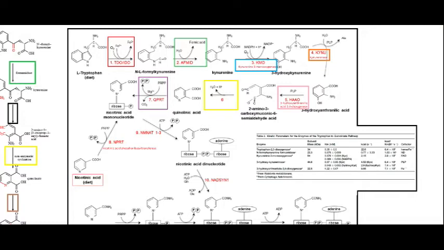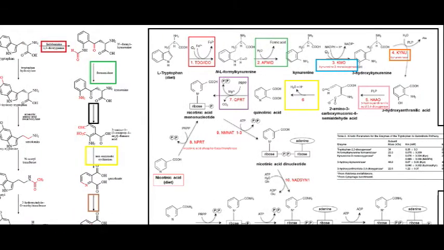Then this enzyme here, which is called indolamine 2,3-dioxygenase, that's what the IDO stands for, generates this N-L-formal kynurenine. And so the N-formal is just talking about this group right here that is being generated after this ring here is broken.